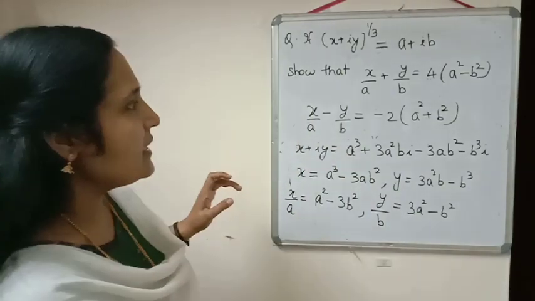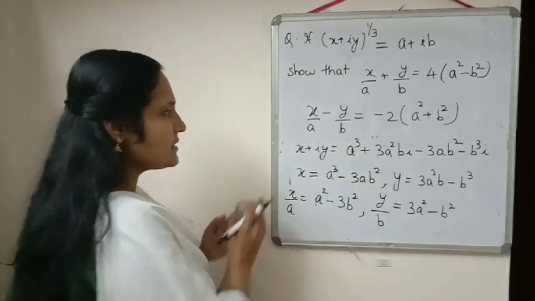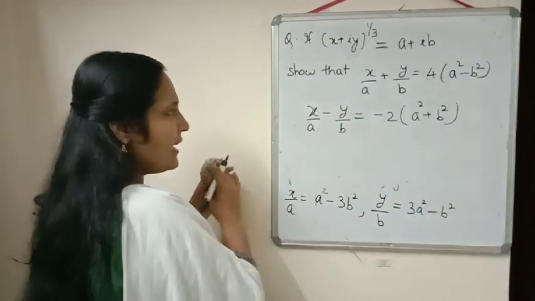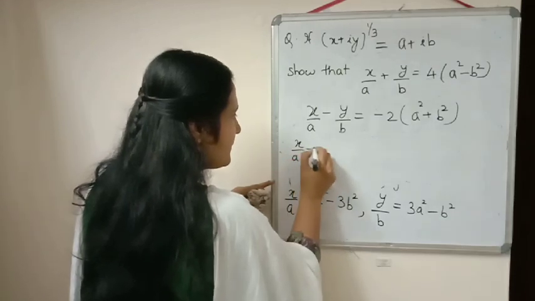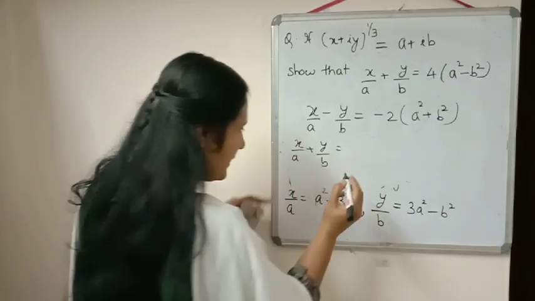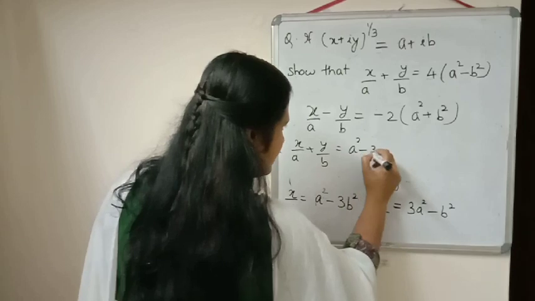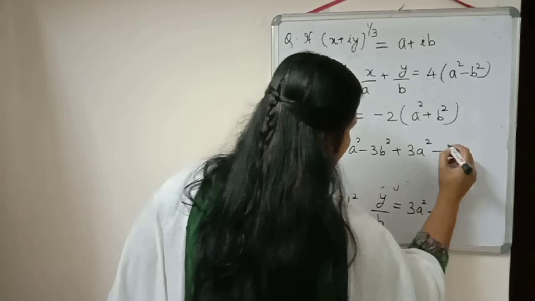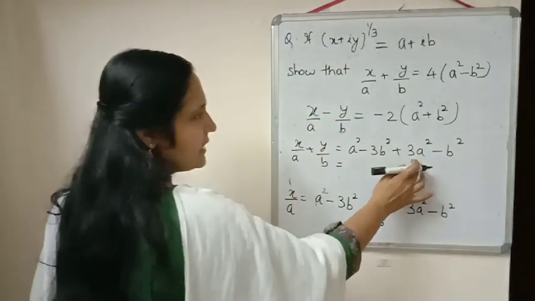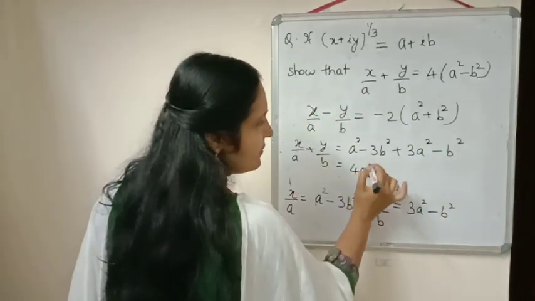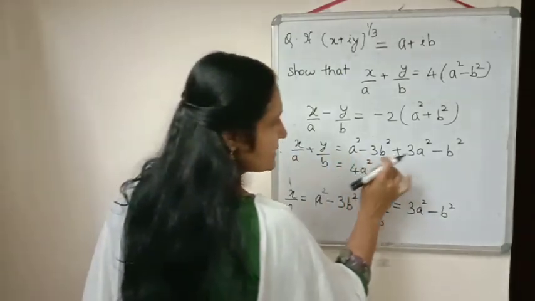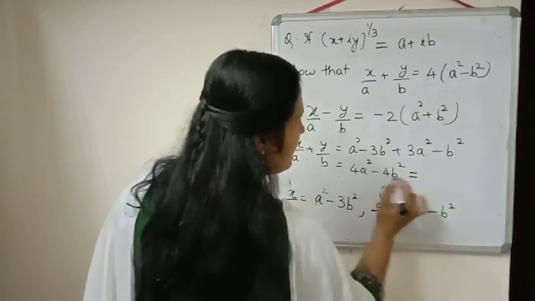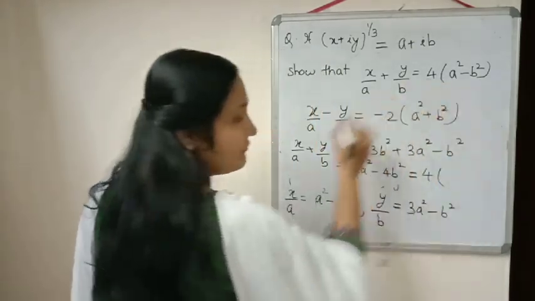Now first what we need? We need addition there. So just write x/a + y/b. x/a + y/b is equal to x/a which is a² minus 3b² plus y/b which is 3a² minus b². 3a² plus a² will be equal to 4a², minus 3b² minus b² is minus 4b². 4 we can take outside because in the proof we need that only.